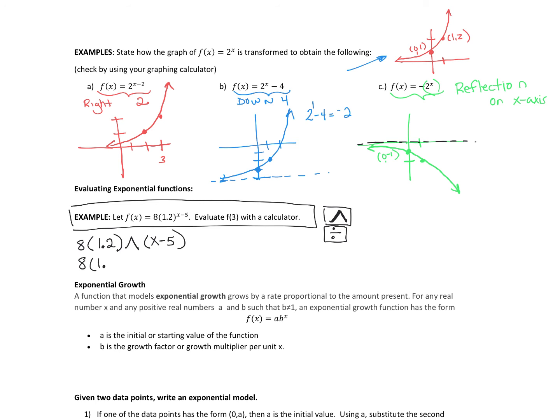So we can do 1.2, and we've got 3 minus 5, or 8 times 1.2 caret squared.